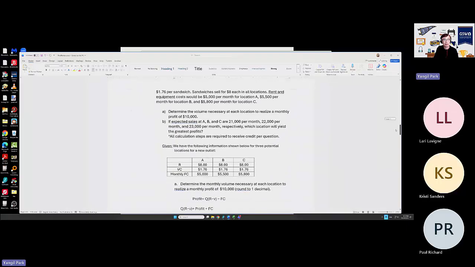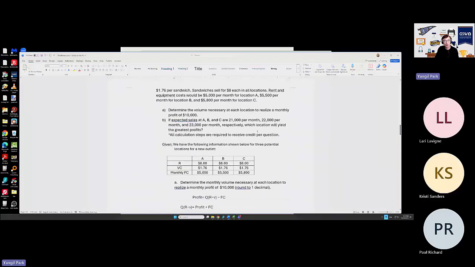And the other one, if you recall, is the sandwich shop. They're considering 3 locations, A, B, C, and based on the costs, variable cost or fixed cost, and the price, of course, it's given.